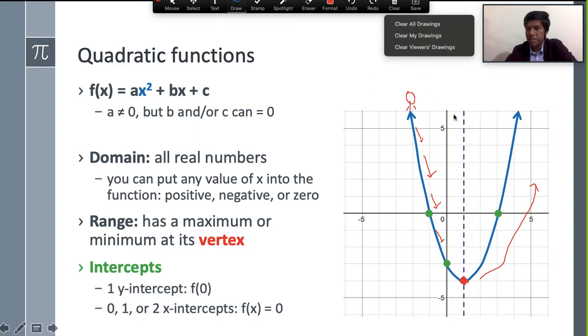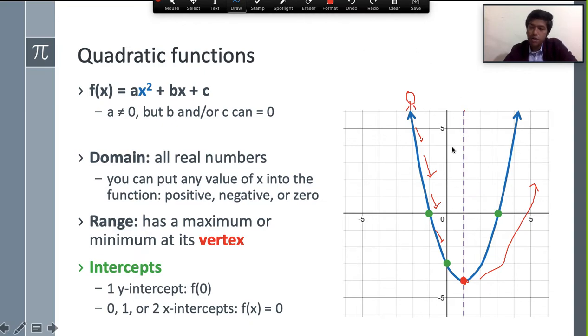This is called the line of symmetry. Why is it called the line of symmetry? The reason is, about this line, your left side and right side are the same. Let me give you an example. From here, if you go to the right 1 box, 2 box, 3 box, you get your graph.